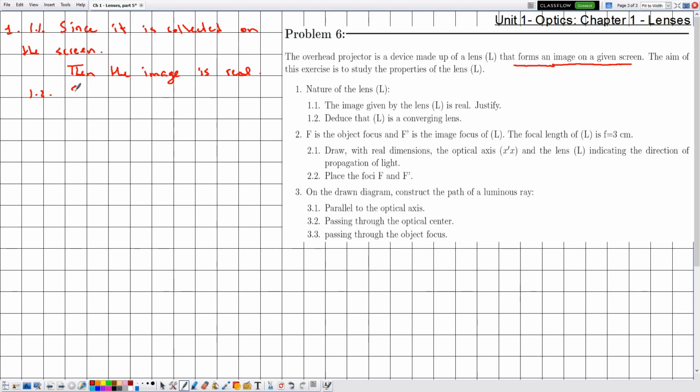Then let's say that since only a converging lens can give a real image, which can be collected on a screen, then L is a converging lens.